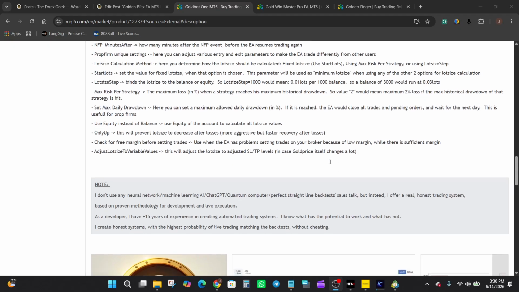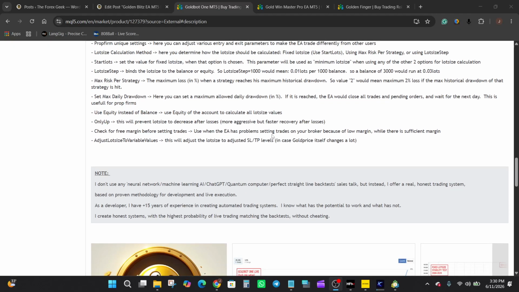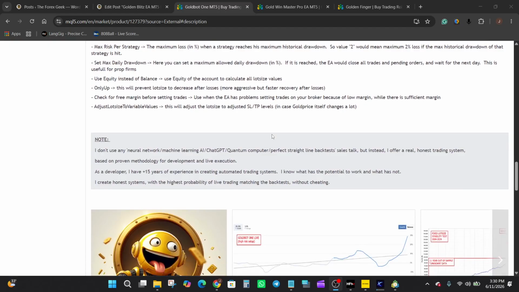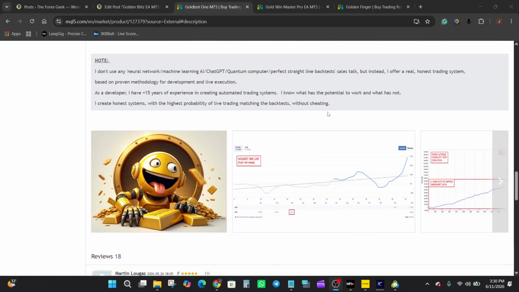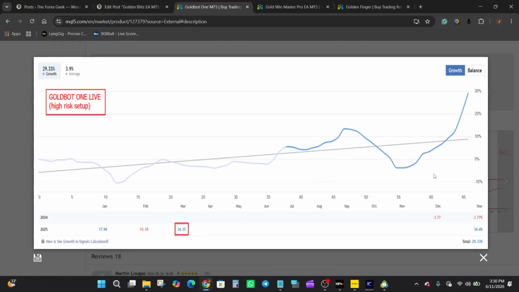The developer also outlines that the system was tested across multiple historical periods, including in-sample data from 2016 to 2023 and out-of-sample data spanning earlier and later periods. Now, from a review perspective, this is where we focus on how the EA behaves across different market phases rather than short-term snapshots. All right, let's just briefly look at the images provided here.